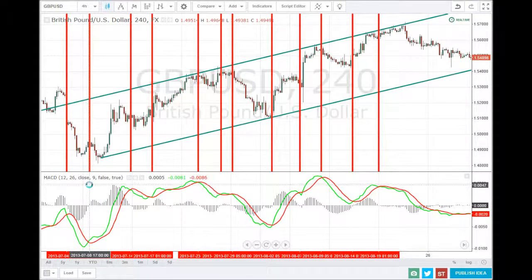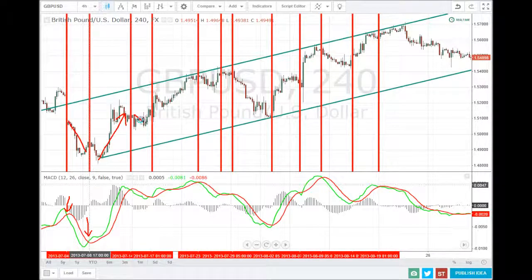Okay, so we have a number of vertical lines where the MACD has crossed. Here's our first cross. According to the MACD, we should see price fall on the downside, and it does. We then have a cross. The MACD or green line is above the signal line. Price should move on the upside, and it does.